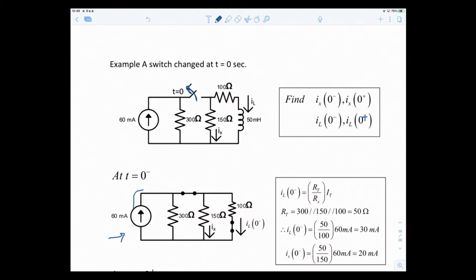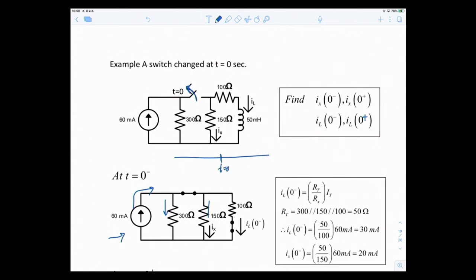60 milliamps goes, and then it divides into this current here across 300 ohms, divides into Ix, and divides into IL, right? The reason I said IL is a short circuit is because you have to assume that at t equals 0 minus, let's say this is your timeline, and this is t equal to 0.